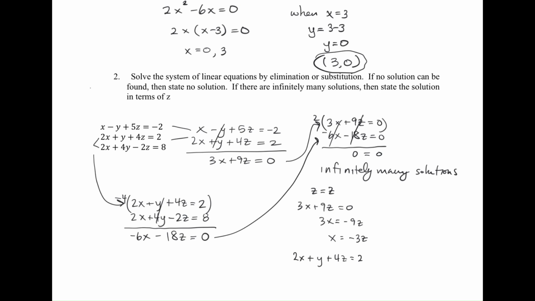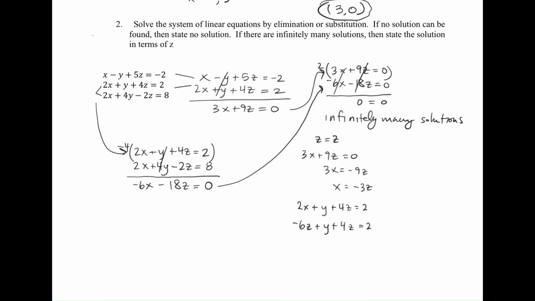So 2 times x becomes 2 times negative 3z, which is negative 6z. And then if we combine the like terms here, negative 6 and positive 4, that's negative 2. Adding that to the other side would become positive 2z.